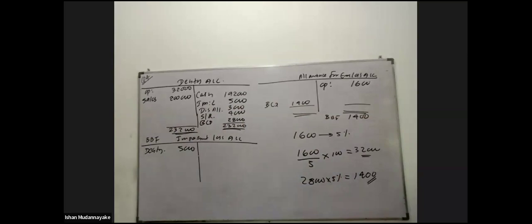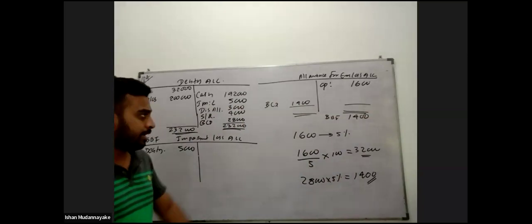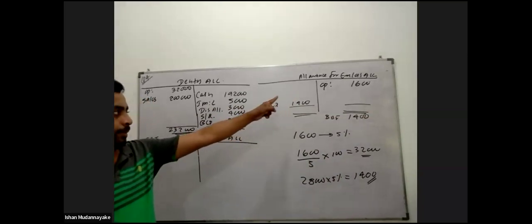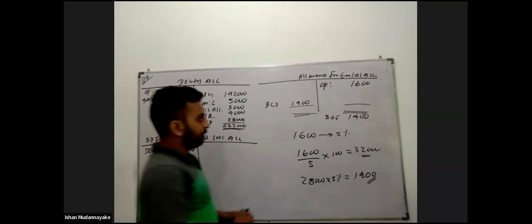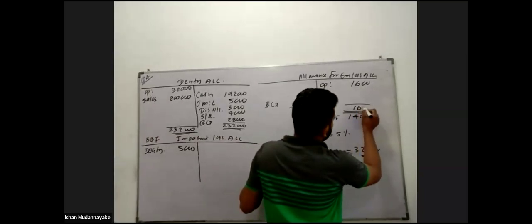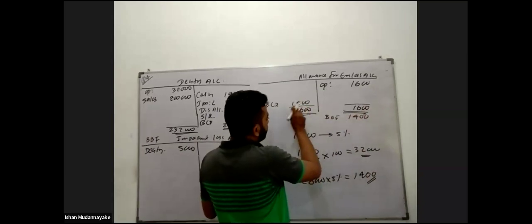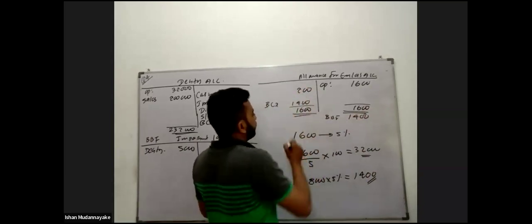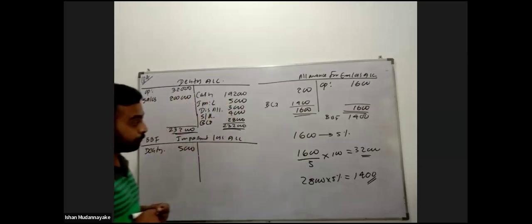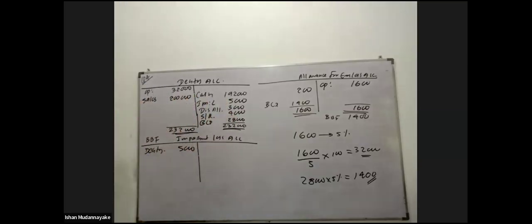Right. Now the difference in the allowance for expected loss account should be transferred to profit and loss. The higher side is the credit side, 1,600; the debit side is 1,400. 1,600 minus 1,400 means 200.